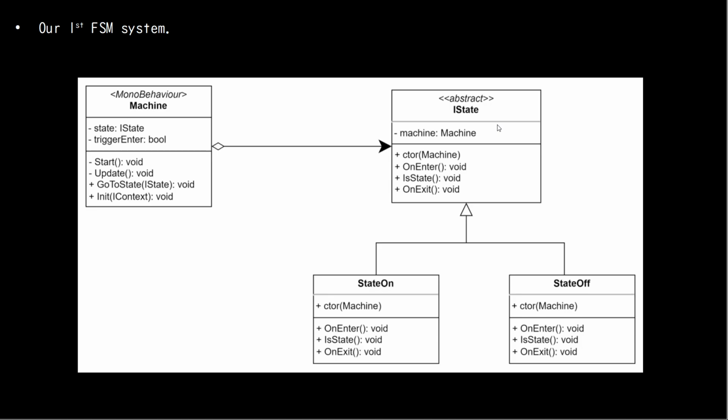Do you know that? An interface is not allowed to have any member variable. No way. Only an abstract class can have member variables, member properties, member references, and similar things. So that's why I'm using an abstract class over here instead of an interface. So can you get that?